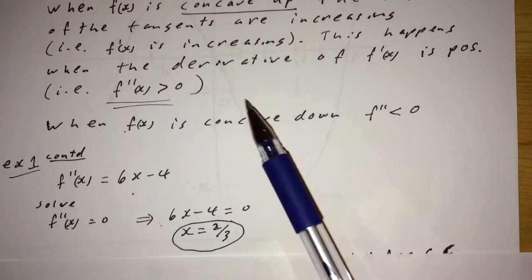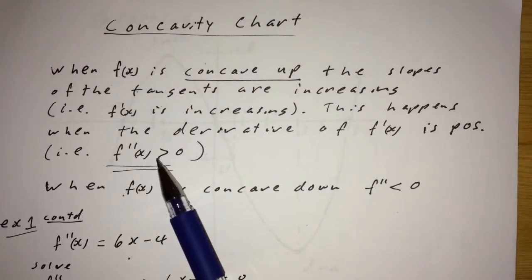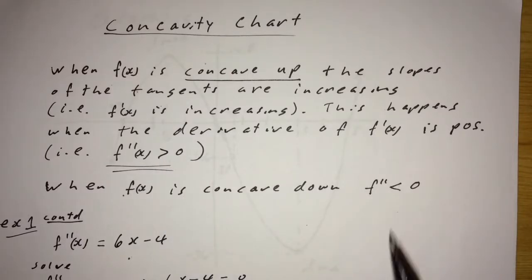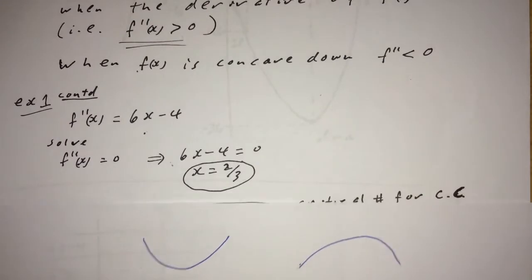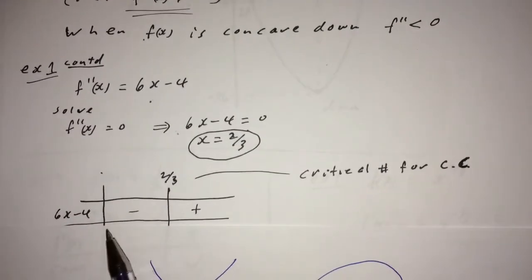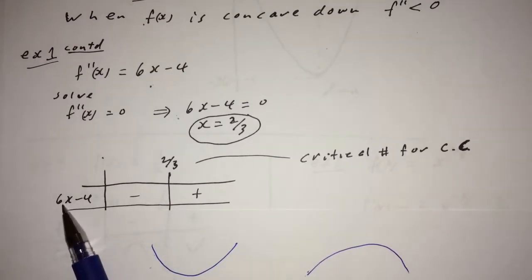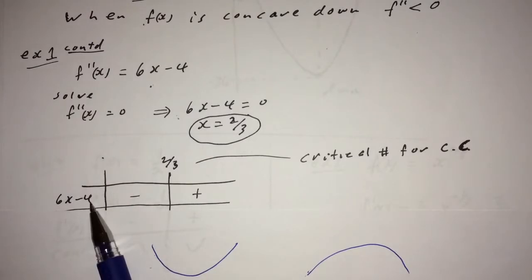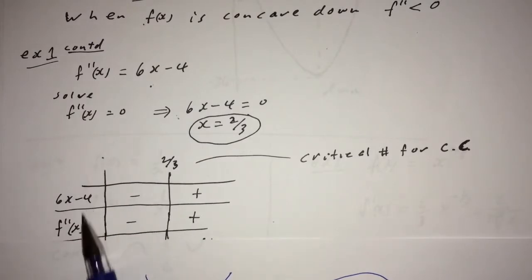See if it changes signs on either side. Okay, so we're solving this inequality where f double prime is greater than 0 or less than 0. Okay, so we're going to do a factor table for this. It's very easy. It's a linear factor. Okay, so I'm writing it out. It has a positive slope, so it's going to be negative to the left of the 0, positive to the right. So that is f double prime.